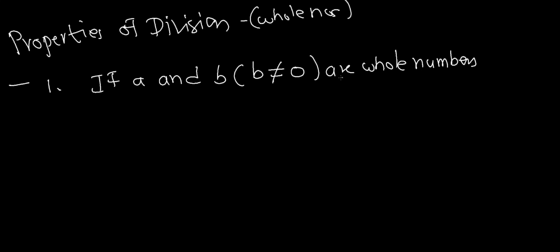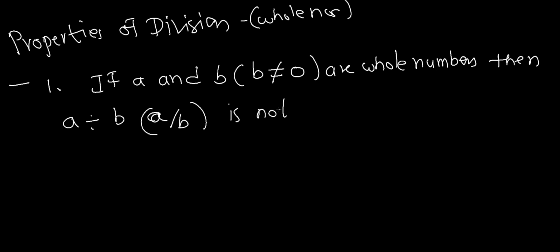So if A and B are whole numbers, then A divided by B, expressed as A by B, is not necessarily a whole number.